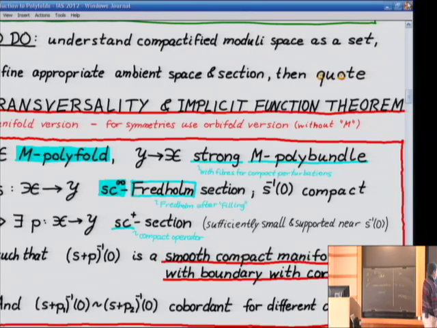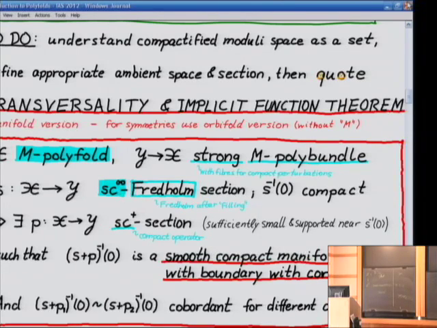And then the statement is that there are perturbations. I don't think there is a statement that says for generic perturbations, because there's just no good Banach space, no complete space in which you want to do this. So there are perturbations, and they're so-called sc-plus sections. That's exactly the lingo for a compact operator.